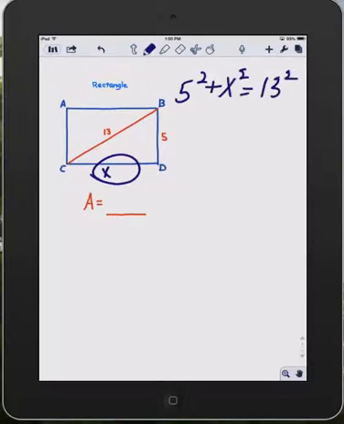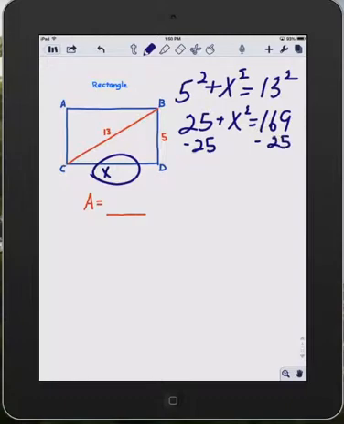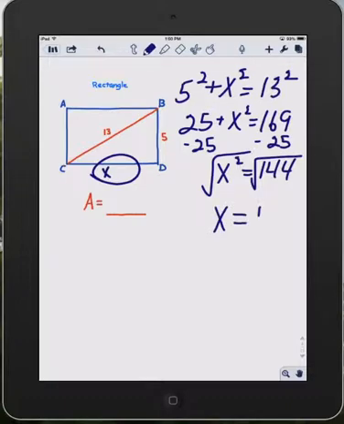So that gives us 25 plus x squared equals 169. We subtract 25 from each side of the equation, and we have x squared equals 144. So we take the square root of each side and we have x equals 12. That's the value for x.